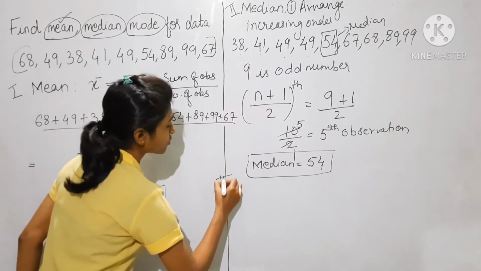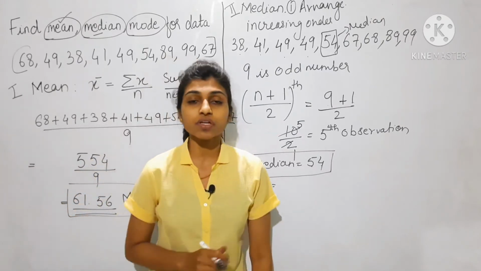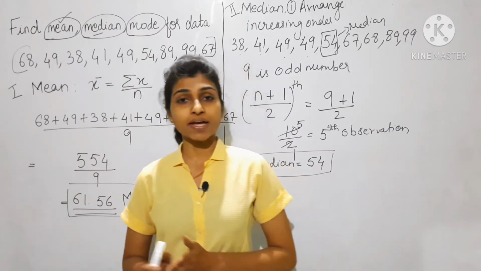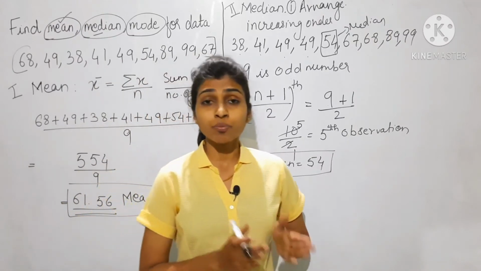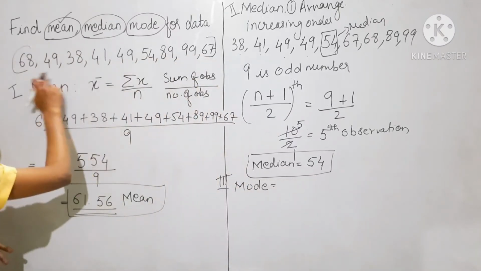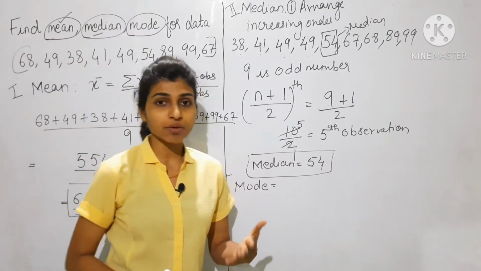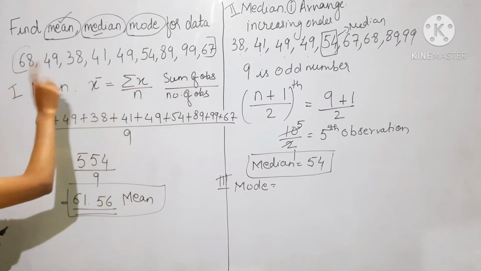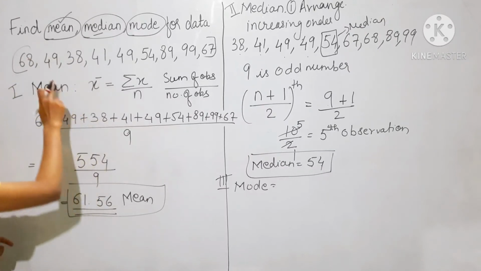Now third, we have to find the mode. The definition of mode: the observation with maximum frequency, or the most repeated observation, is called the mode. Now in this data, which number is repeated? You can see 99 is there, but 49 is repeating 2 times.